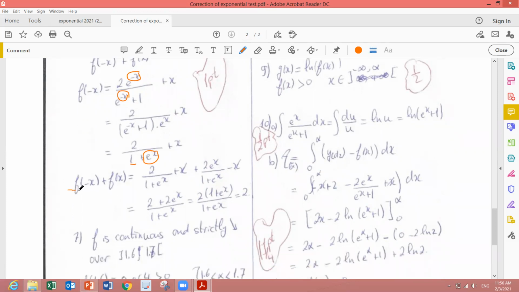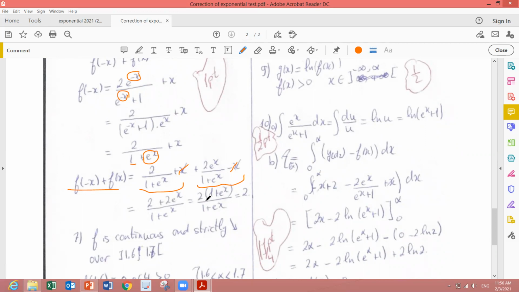So f of minus x plus f x equals: this is f of minus x, this is plus f x, same LCM 1 plus e^x, we get 2 plus 2e^x.